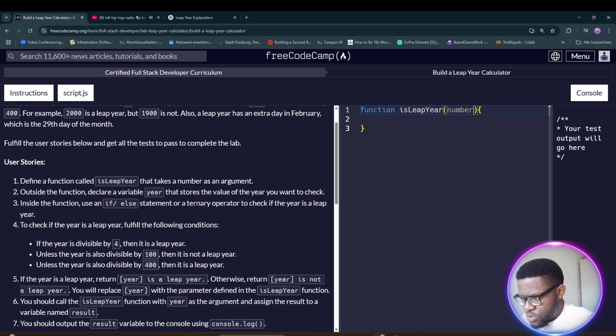Outside of the function, declare a variable year. To declare a variable, const. That's the value you want to check. Let's say 2024.